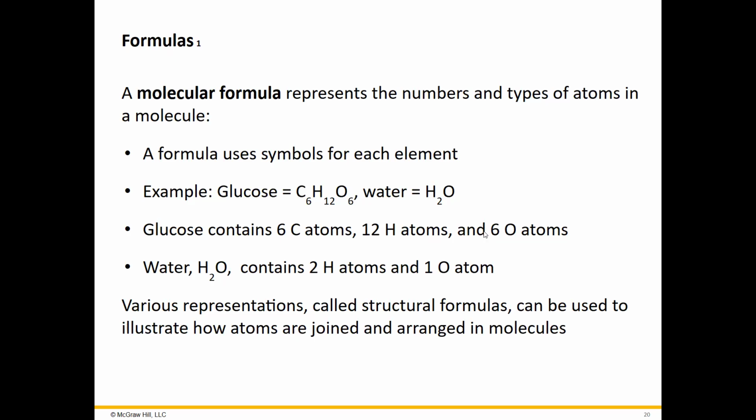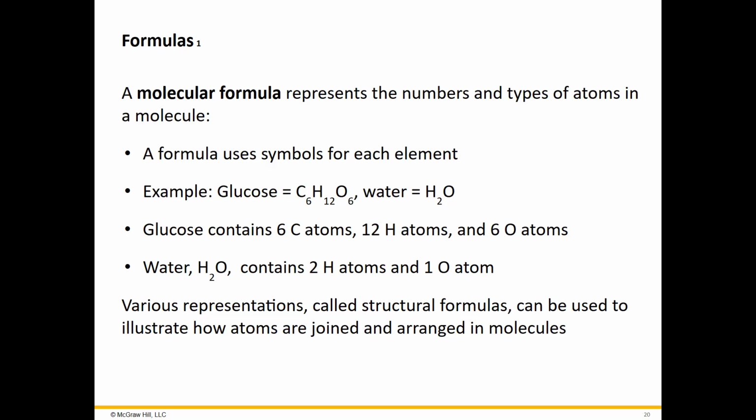Molecular formula. A molecular formula is just how we write it such that we identify the atoms that are present in a molecule. So in a molecular formula, I'm describing what atoms are present. So let's look at water. The molecular formula is H2O. The molecular formula tells me the types and number of atoms there are. In water, I have 2 hydrogens, 1 oxygen.